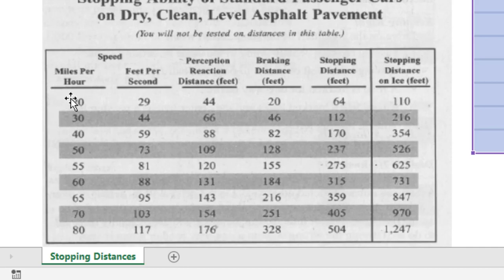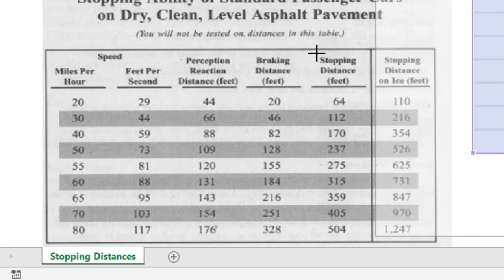At 40 miles an hour, that's twice as fast, the braking distance is 82 feet. That's 4 times as much. Does that make sense? At 20 miles an hour, braking distance is 20 feet. At 60 miles an hour, braking distance is 184 feet. 20 to 184 is 9 times. 20 to 60 is 3 times.